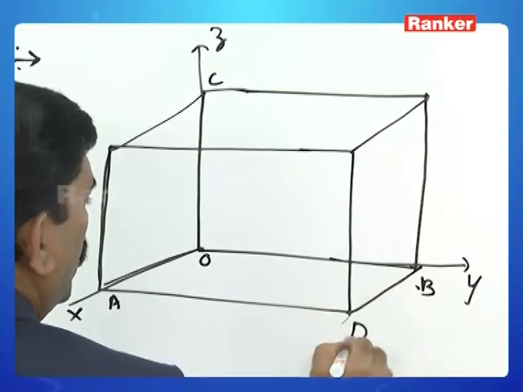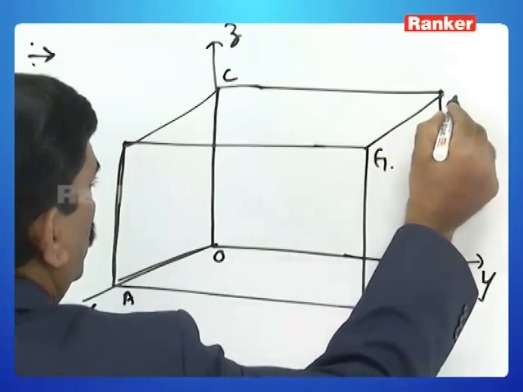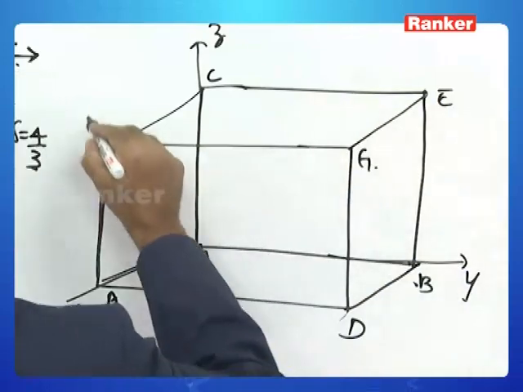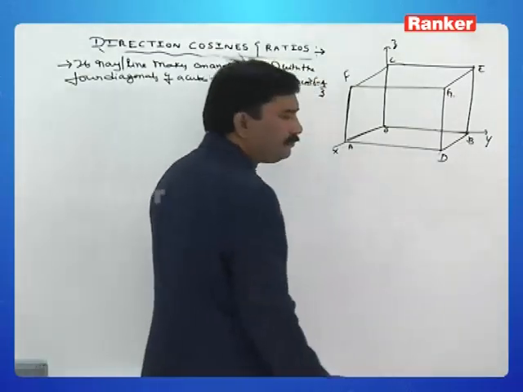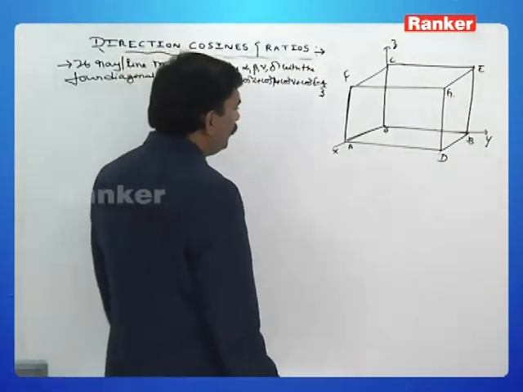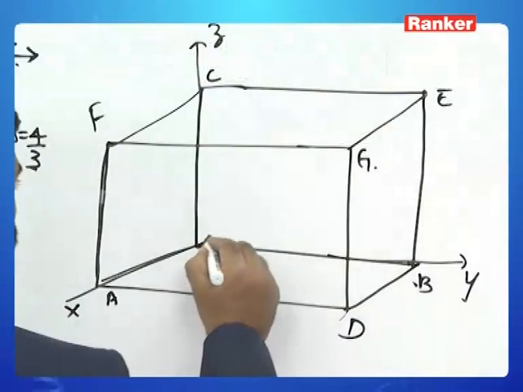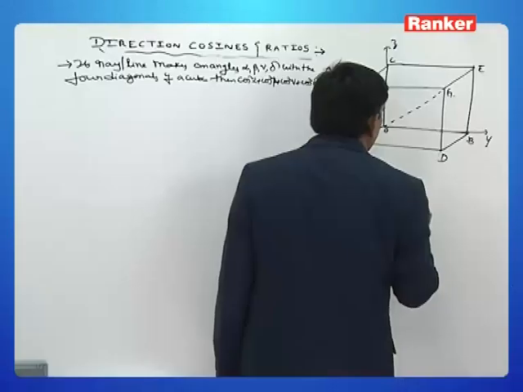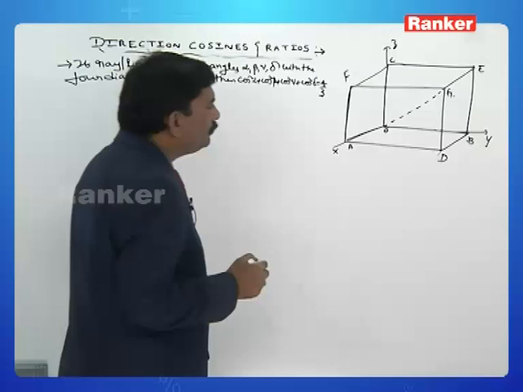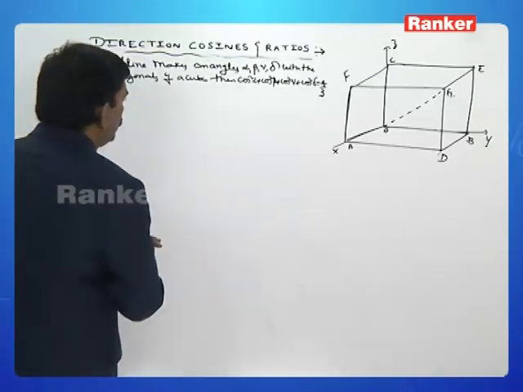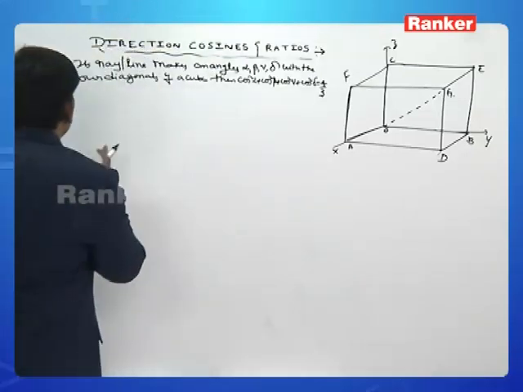Okay, now this is D, this is G, this is E, this is F. Now you can very well observe, this is the diagonal of a cube. Next, let us see what I can write.